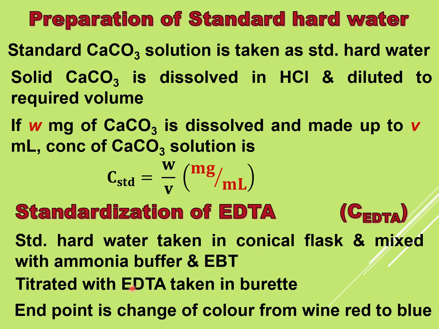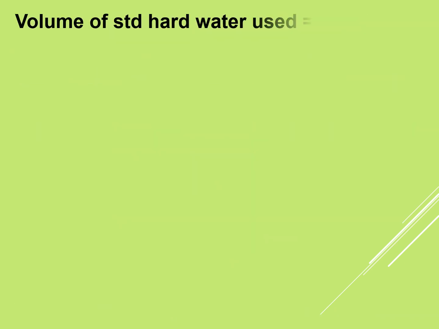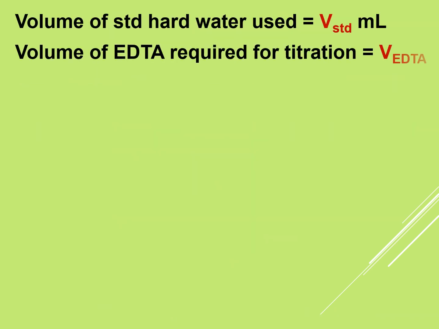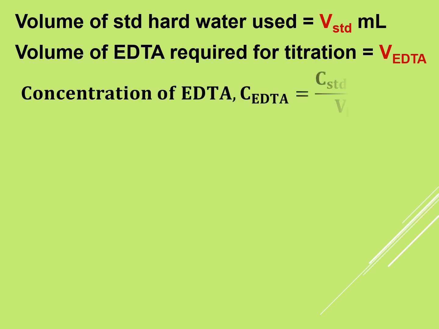Note down how much volume of EDTA is required. Okay, so you know the volume of standard hard water taken. You know the concentration of standard hard water taken. You know how much volume of EDTA is used up for this titration. From that, we can find out the concentration of EDTA. Concentration of EDTA is given as C standard into V standard by V EDTA. Okay.